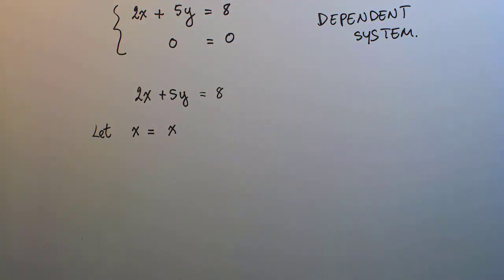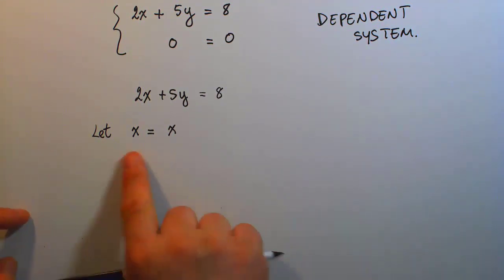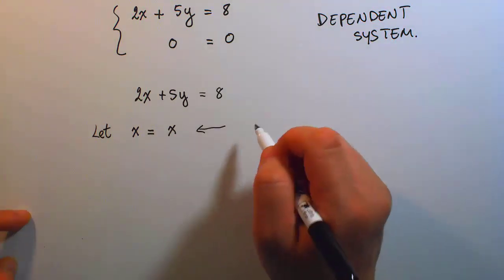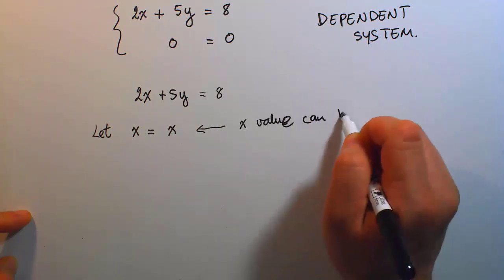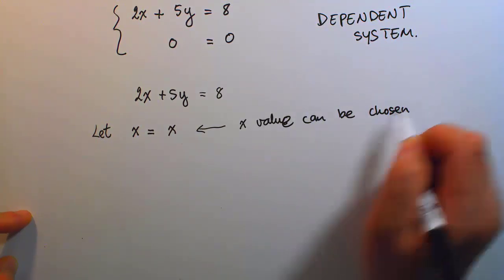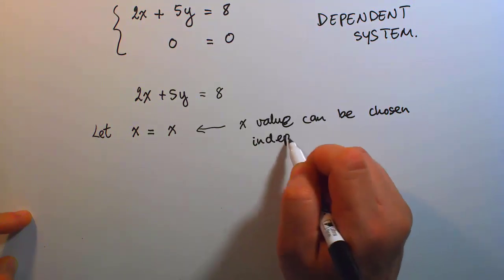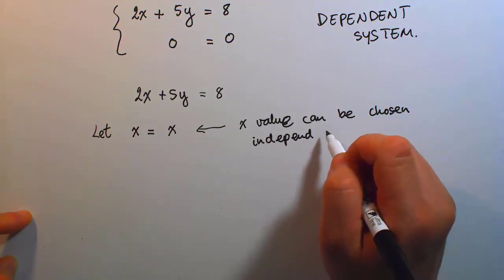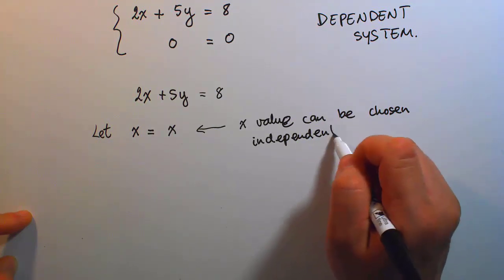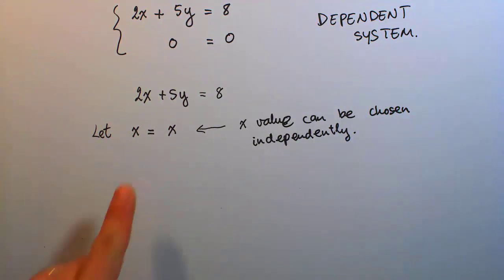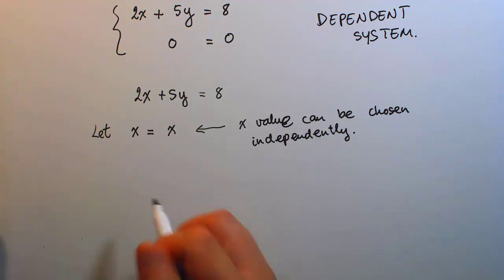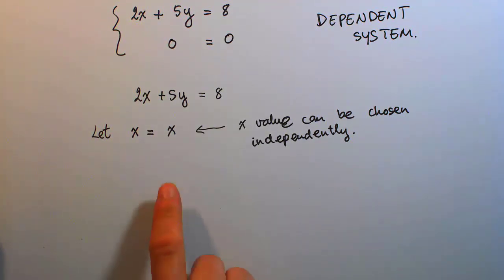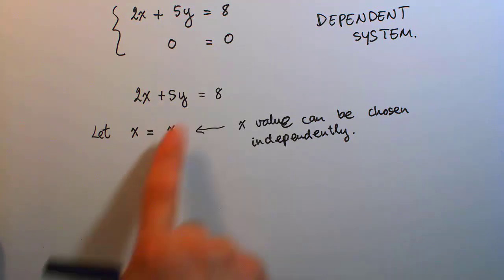It seems a little strange, but the intention is that the x value can be chosen independently. Once we let x equal x, meaning any x value can be chosen independently, then we can solve this equation for y in terms of x, as in my other video lessons.